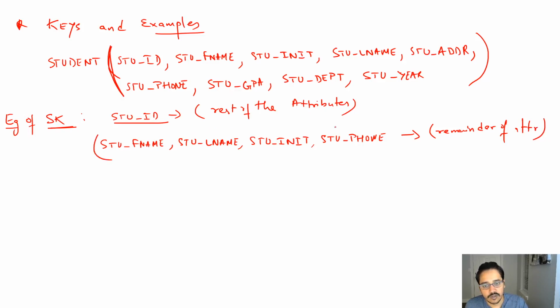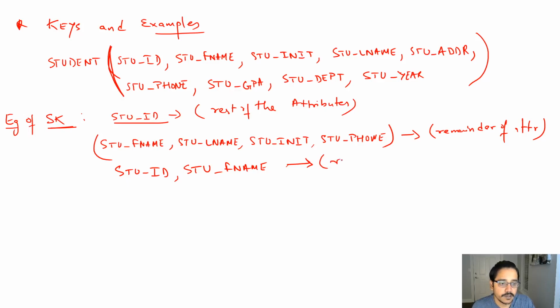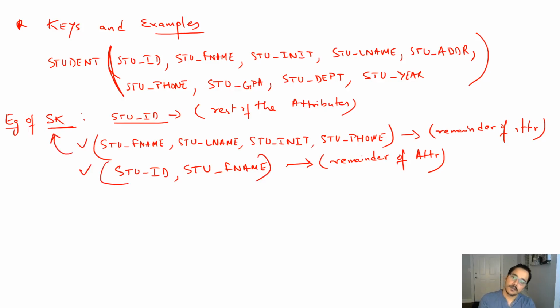So this whole key, which is a composite key, is actually a super key because it is able to uniquely identify all the rows. Similarly, if I do student ID, comma, student first name, then it will also be able to determine the remainder of attributes. So this is also an example of a super key, right?